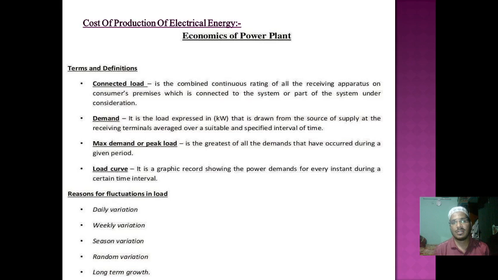What is connected load? The connected load is the energy consumed by the combination of continuous ratings of all receiving apparatus on the consumer's premises which is connected to the system.